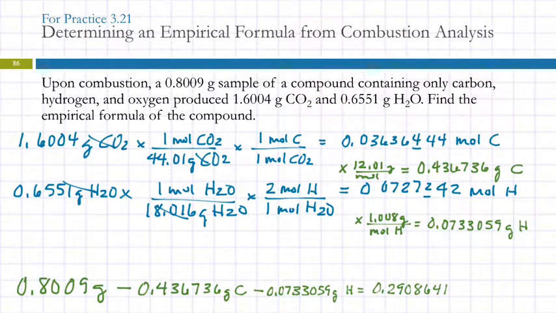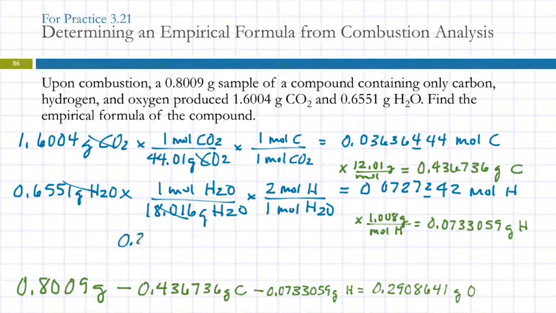So, mass of compound minus the mass of carbon minus the mass of hydrogen, this must be the mass of the oxygen. So that's the mass of oxygen. Then we have to figure out how many moles of oxygen we have.